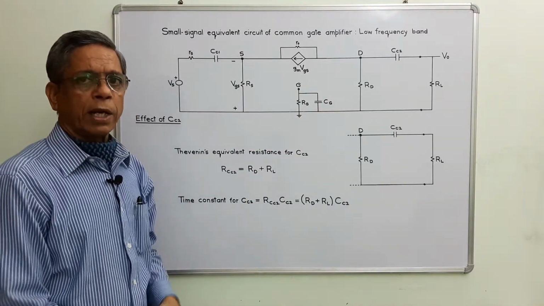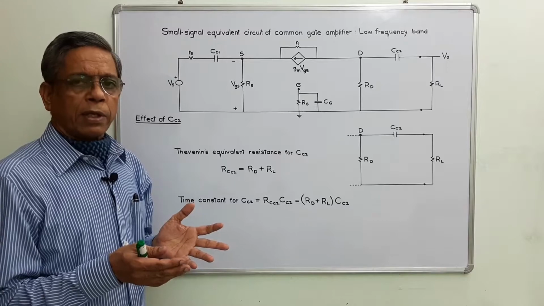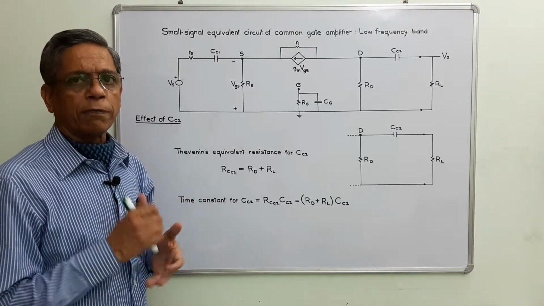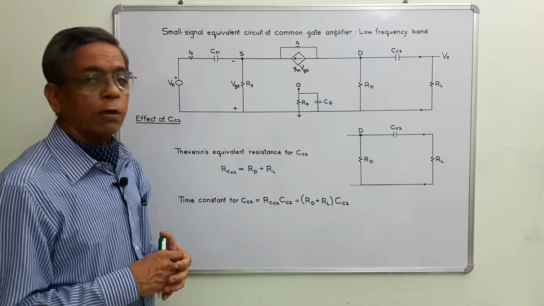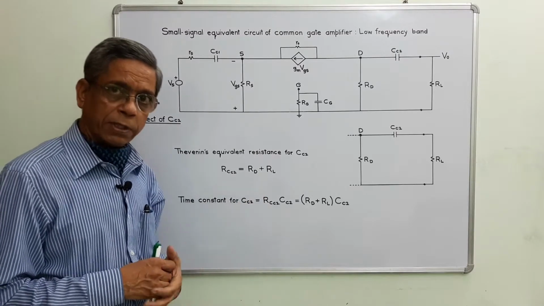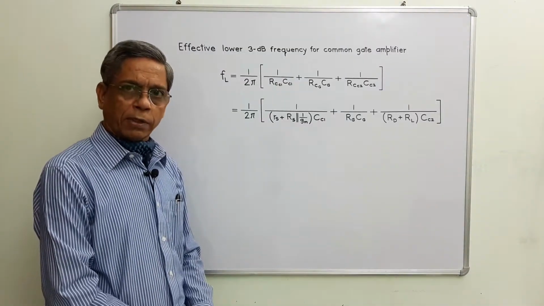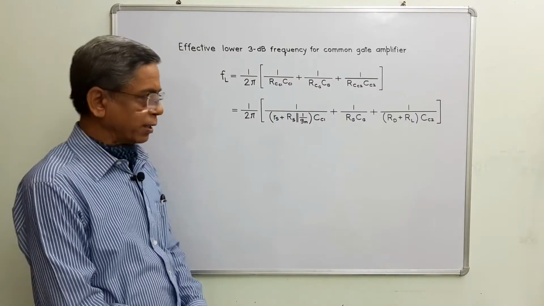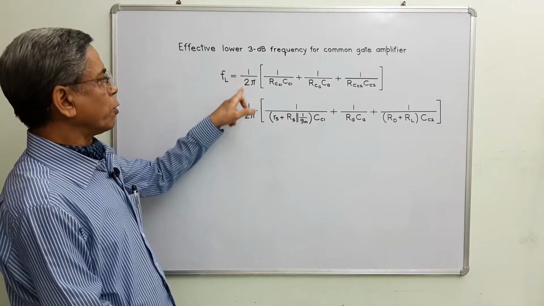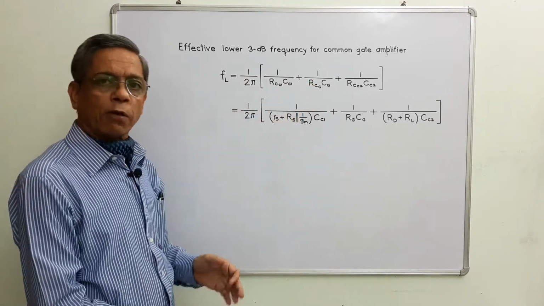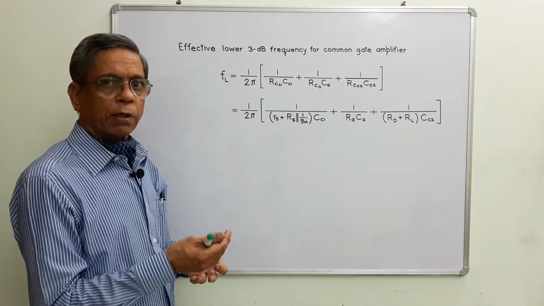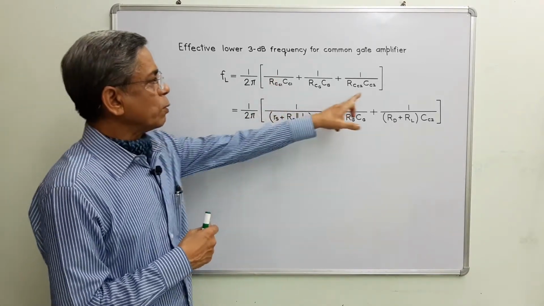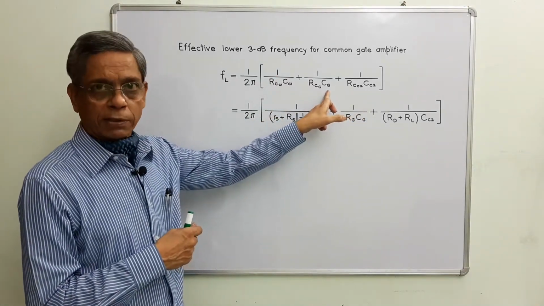Now we are in a position to write the complete expression for the effective lower 3 dB frequency for the common gate amplifier at low frequency band, just on the next page. The effective lower 3 dB frequency is defined as fL equals 1 by 2 pi times the sum of the reciprocals of the time constants corresponding to these two coupling capacitors and this bypass capacitor.